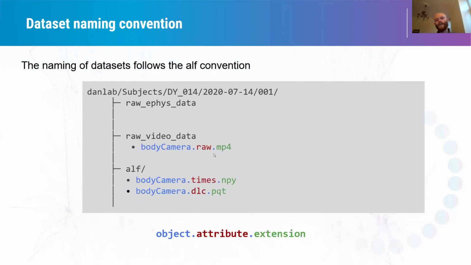And so the final part of the data structure on disk is the file naming itself. So data sets all comprise 3 parts: an object, an attribute, and an extension.